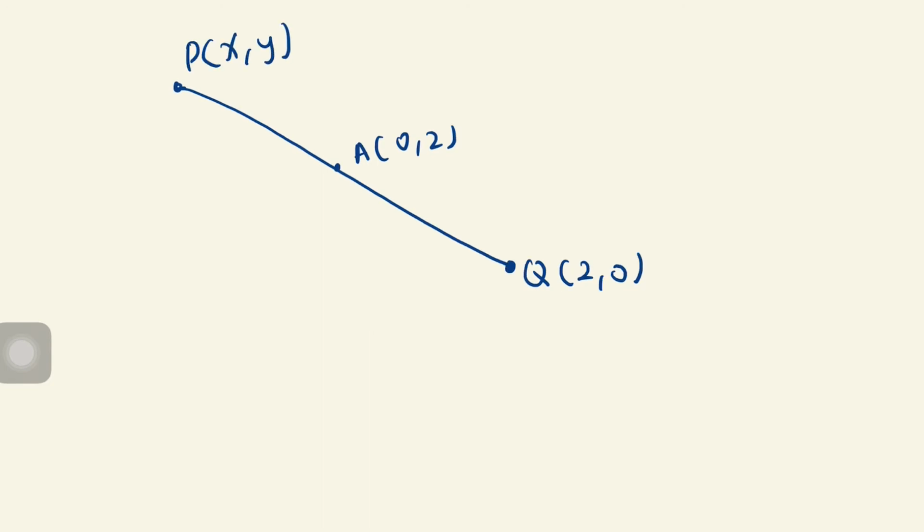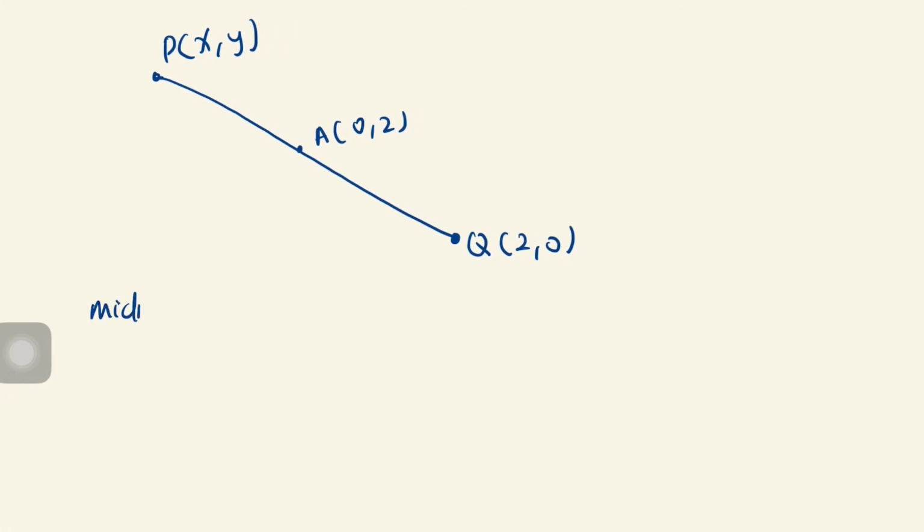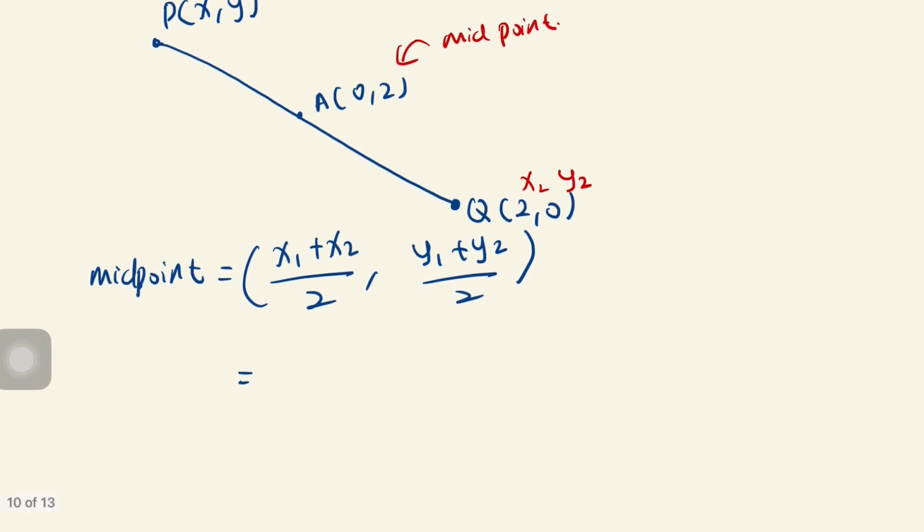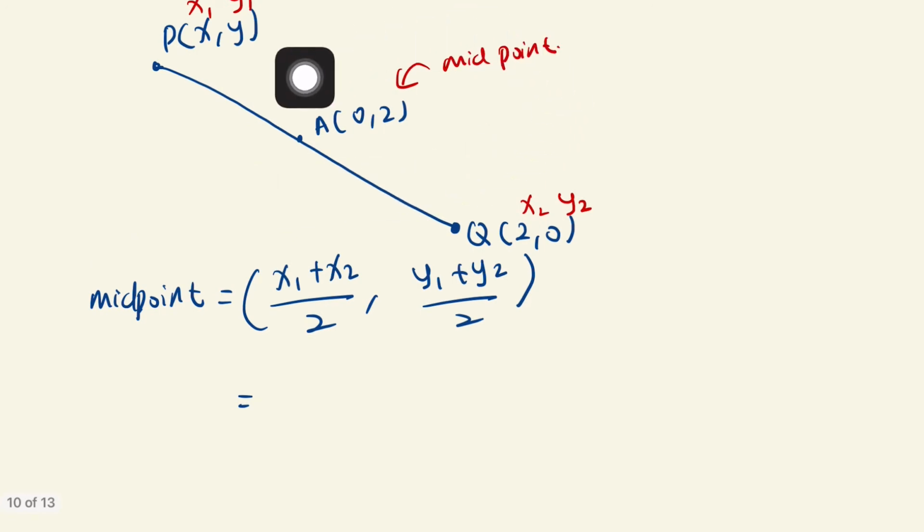Tadi kan kita ada rumus midpoint is equals to x1 plus x2 over 2, y1 plus y2 over 2, betul? So from this question, kita boleh labelkan ini adalah x1 y1, x2 y2. So this is the midpoint. The midpoint is 0, 2, betul?